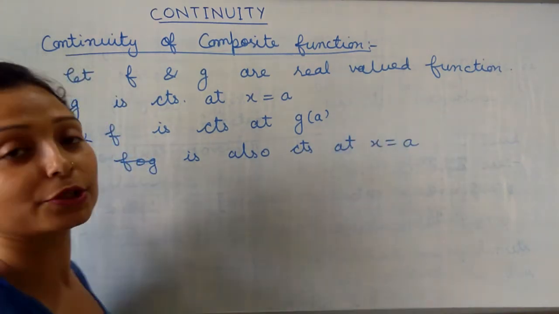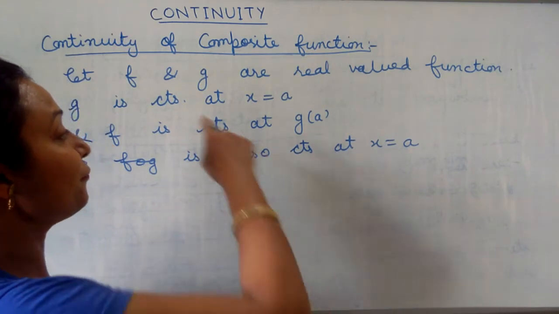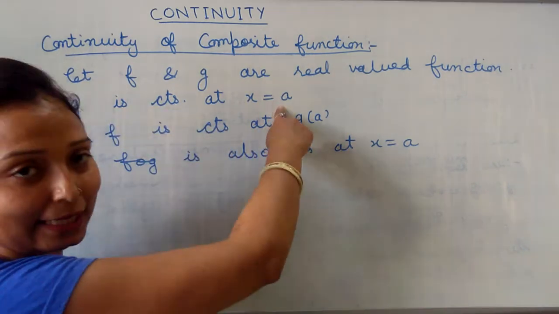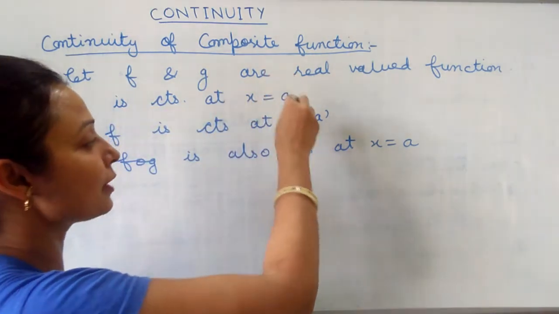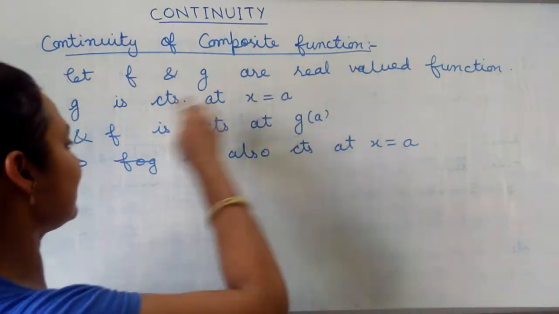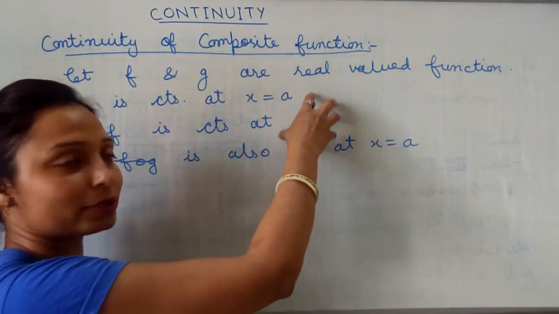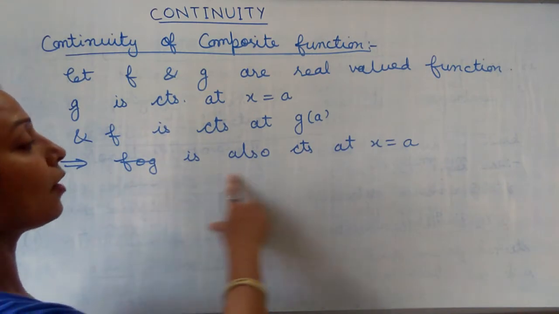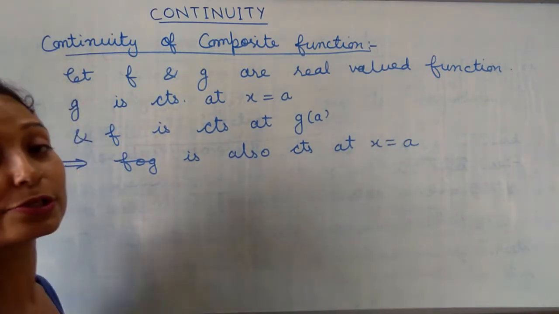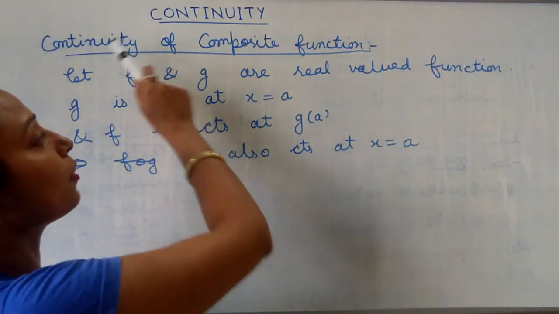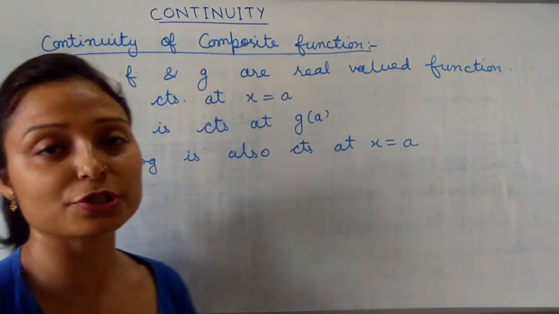So this is the continuity of the f∘g function. So this is the definition of continuity of the composite function.